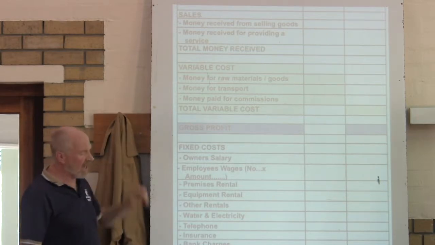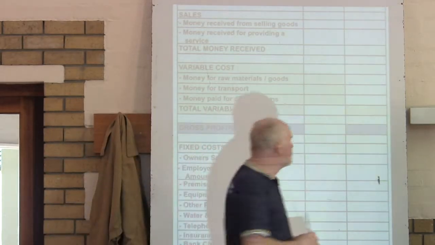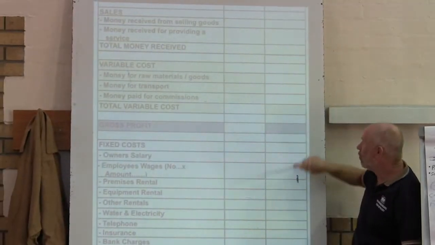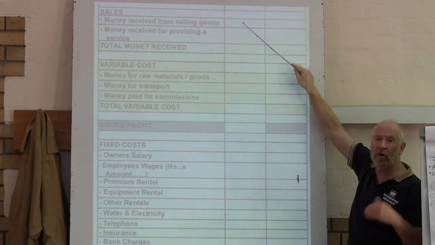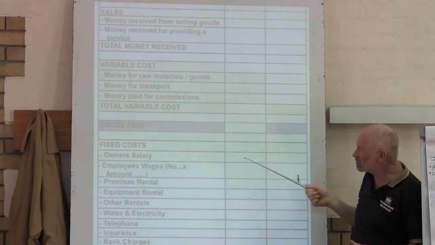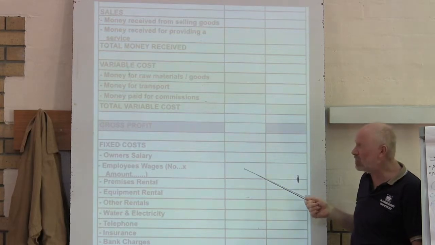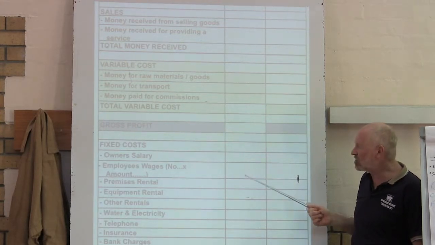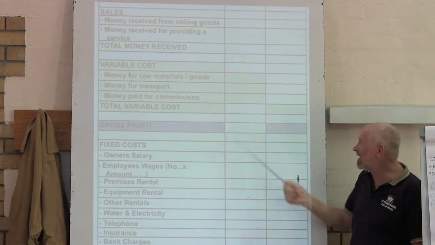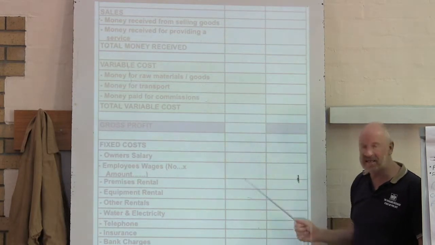Okay, now what we do is, this column here would be writing all of the figures, the itemized figures. So if you come here, this is where you'd write your owner's salary. You write your employee wages, your premises rental, equipment rental, and so on. Okay, so that would be in this column, the itemized things.